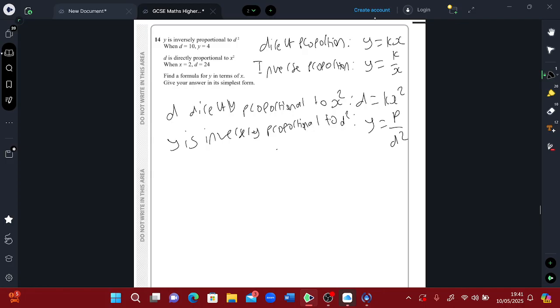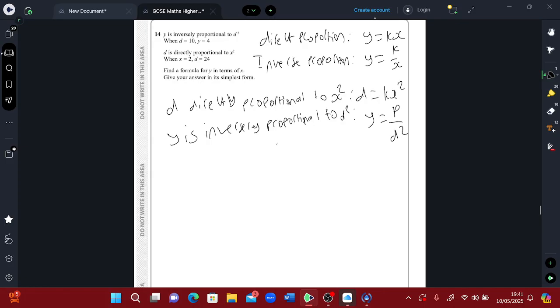Make sure not to use the same letter because it's not the same constant here. Two different relationships there, so two different constants. And the information we're given, essentially, we substitute to find these constants.